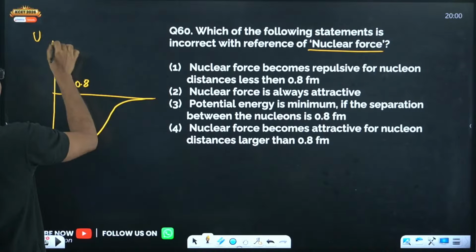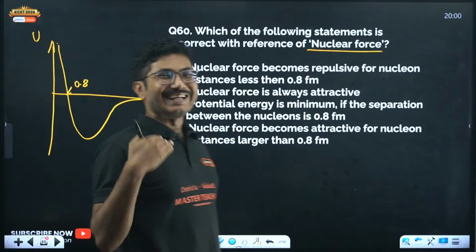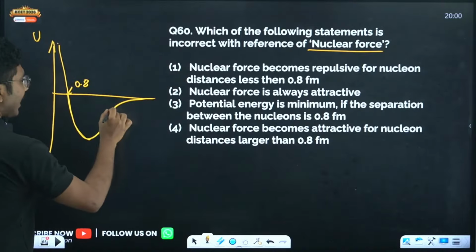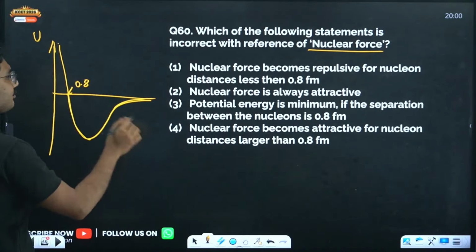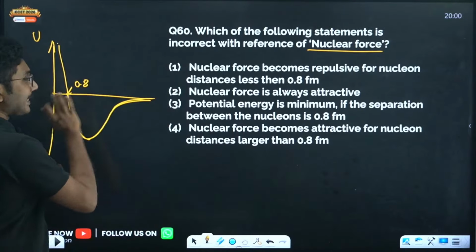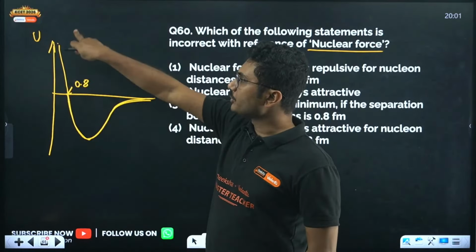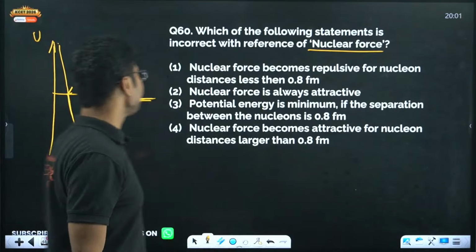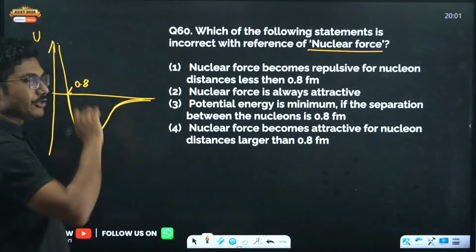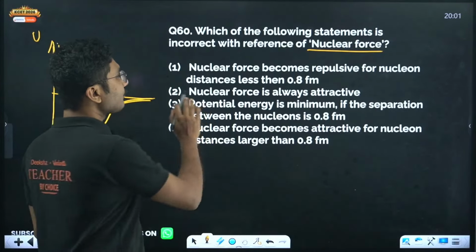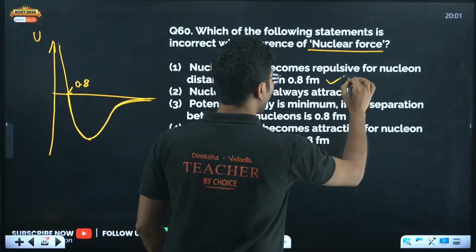Positive potential energy means it is repulsive, negative potential energy means it is attractive, and as it goes further over here it becomes 0. The nature of the force can be interpreted from the potential graph. So nuclear force is repulsive at distances below 0.8 femtometer.